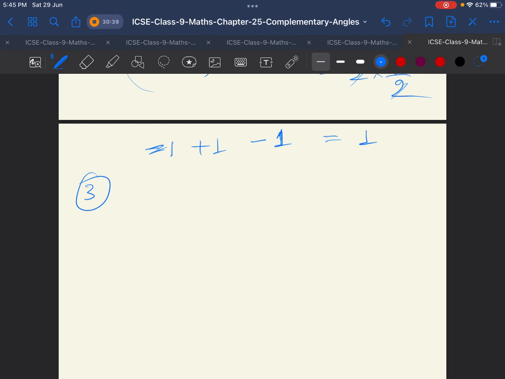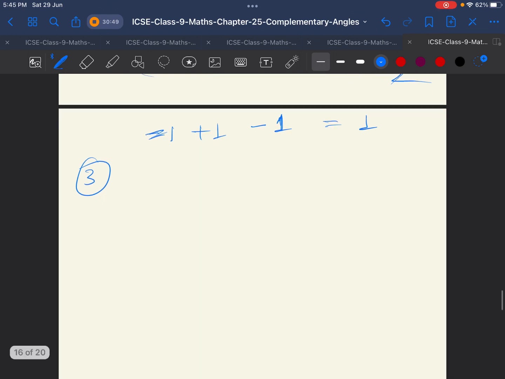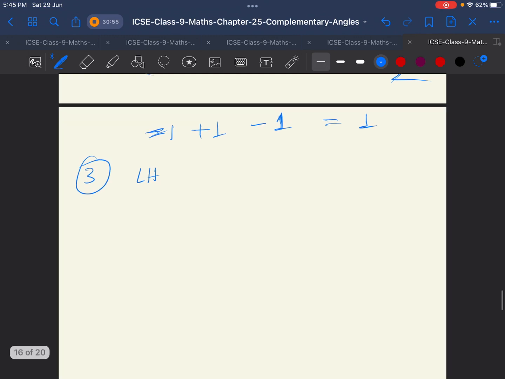So show that tan 10 degree, tan 15 degree, tan 75 degree, tan 80 degree equals 1. Here we have to prove left hand side equals right hand side.